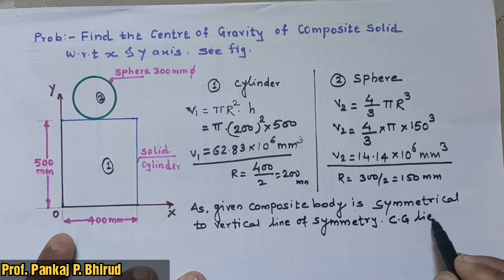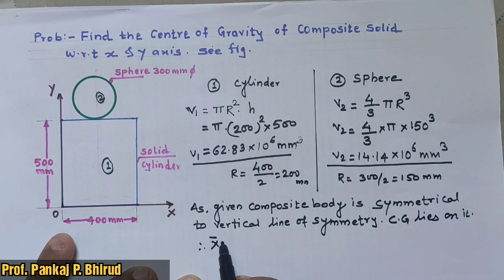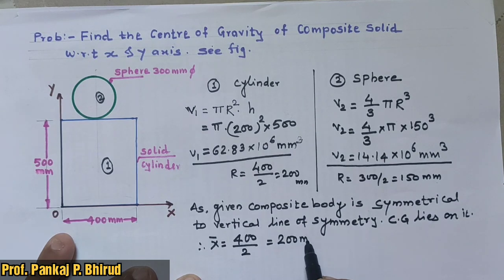Therefore, x bar is 400 by 2, that is 200 mm.